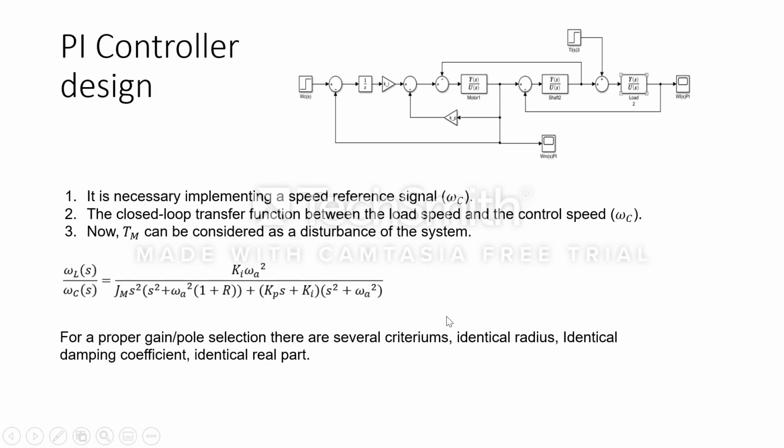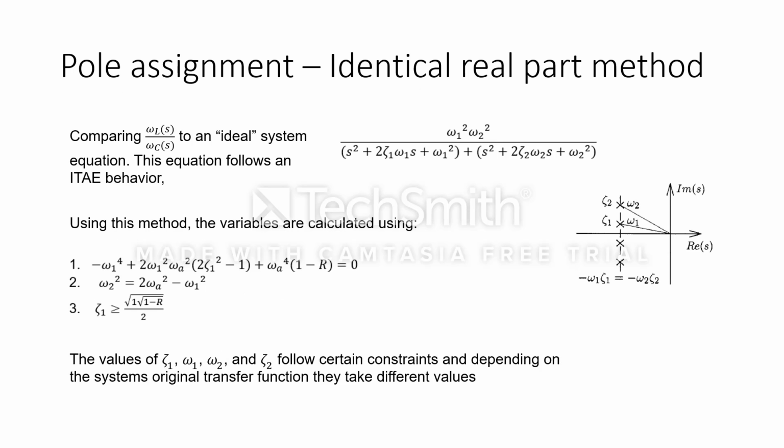And now we need to compare this equation to the equation that we want our system to behave as. For doing so, we take into account this equation that follows an ITAE behavior, which yields to a steady state error of 0.